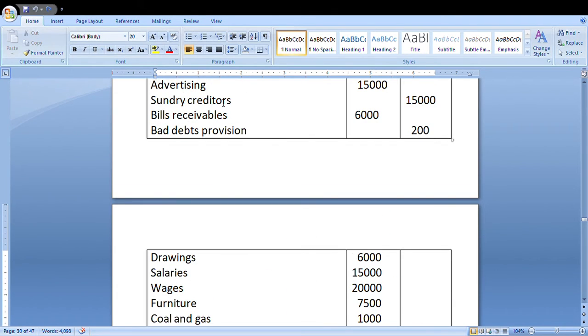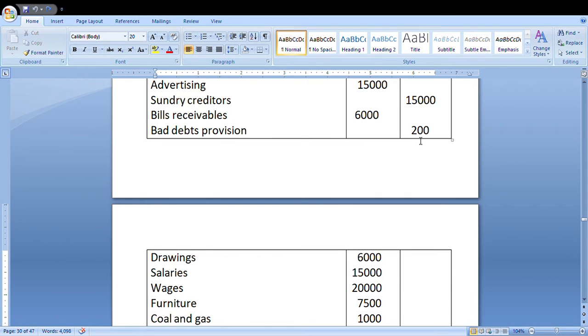Next, sundry creditors. This is also a liability. Enter it in the balance sheet, liability side. Bills receivable. This is also an asset. Enter it in the balance sheet, asset side. Bad debt provision. This is one type of reserve.